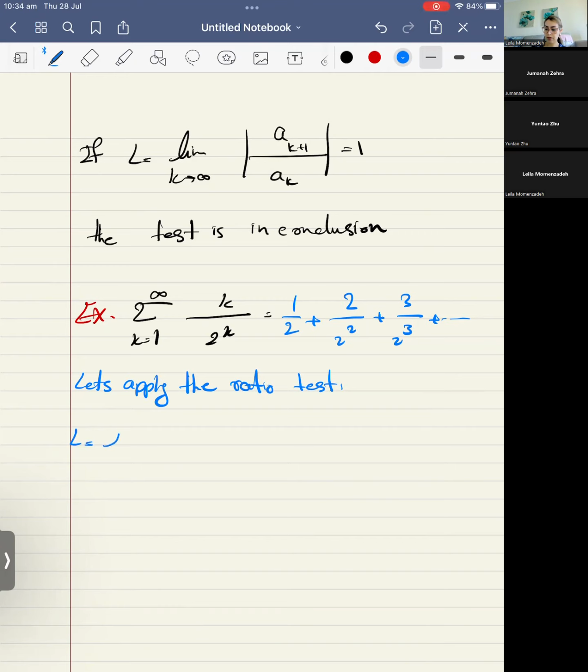L equal to the limit as k goes to infinity of a_{k+1} over a_k.